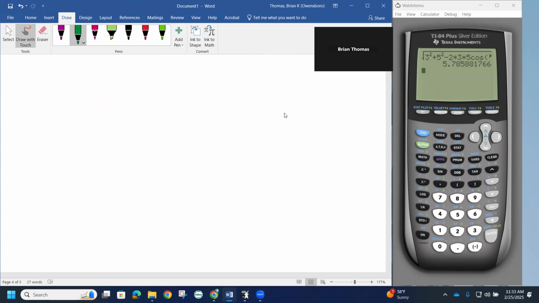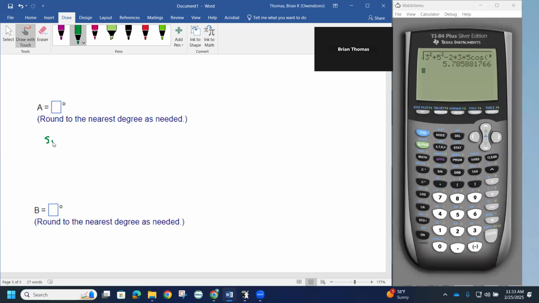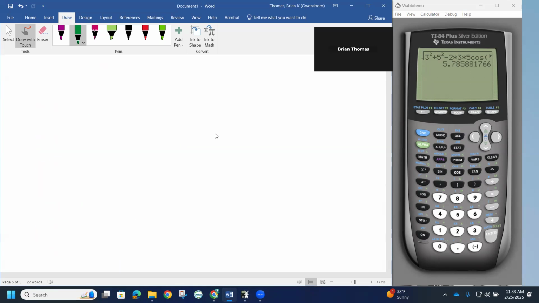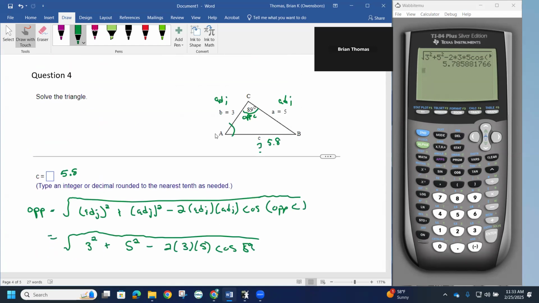So what I can do to find angle A is I could say the sine of A over A equals the sine of C over side C. So sine of A, we don't know angle A. That's what we're looking for. But side A was the 5.